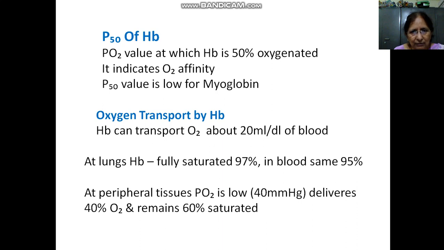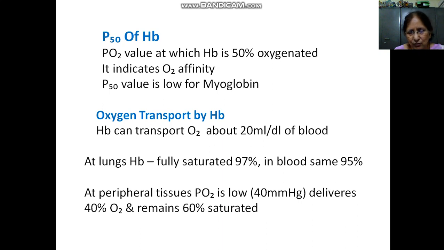And how is the oxygen transported by the hemoglobin? It is transported as 20 ml per deciliter of blood. Here at the lungs, the hemoglobin is fully saturated with oxygen, and in blood it is the same, that is 95%.